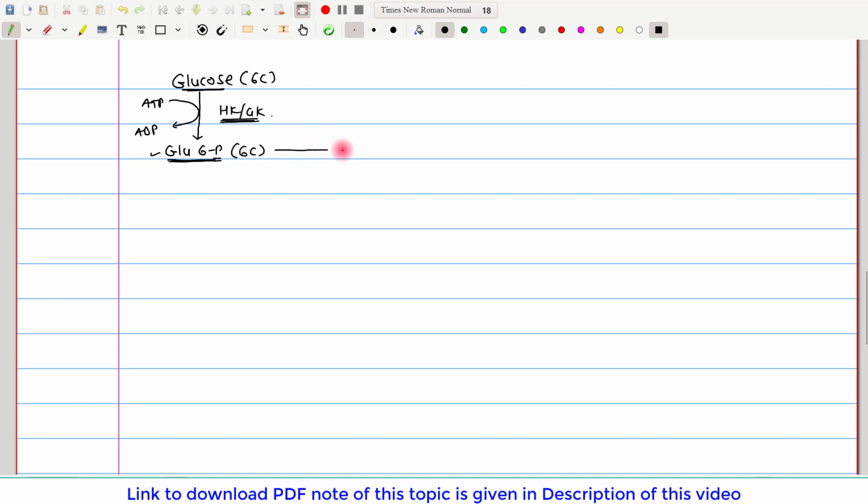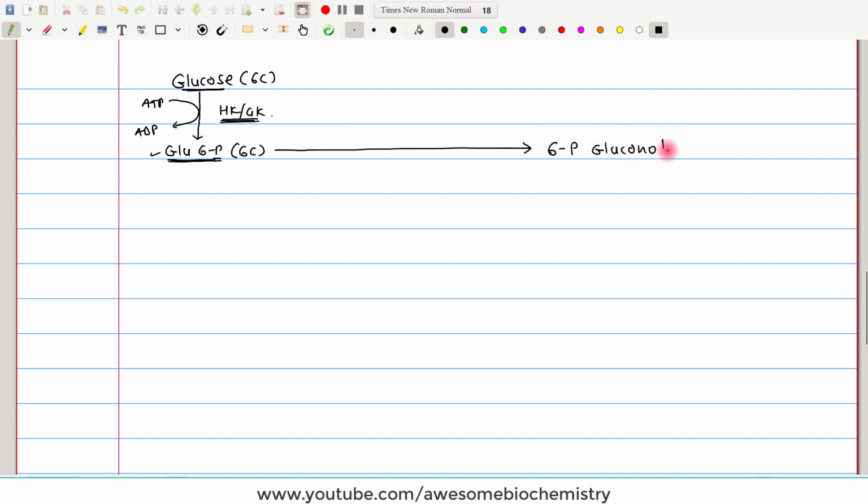So glucose itself is a 6-carbon compound, and so glucose 6-phosphate is also a 6-carbon compound. In the next important reaction of the HMP pathway, glucose 6-phosphate undergoes oxidation and gets converted to 6-phosphogluconolactone. And this compound is also a 6-carbon compound. So here glucose 6-phosphate is undergoing oxidation, and it is coupled with the reduction of NADP+.